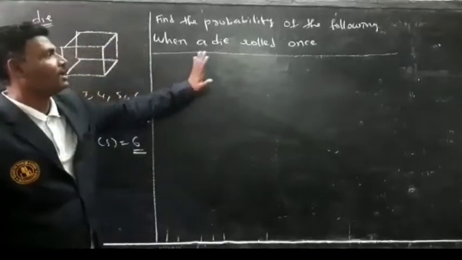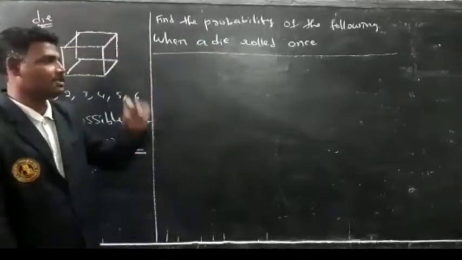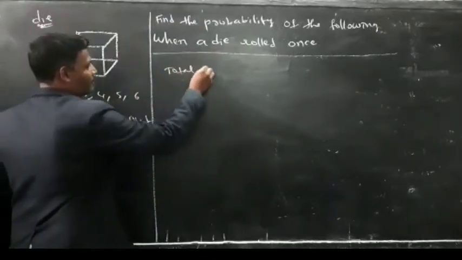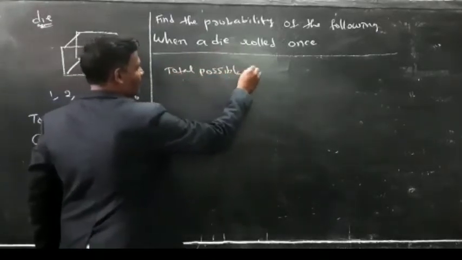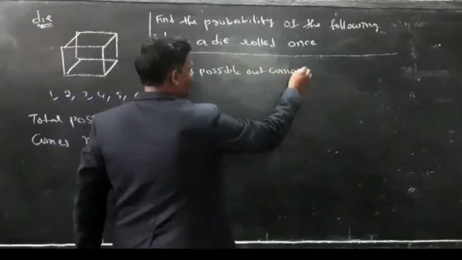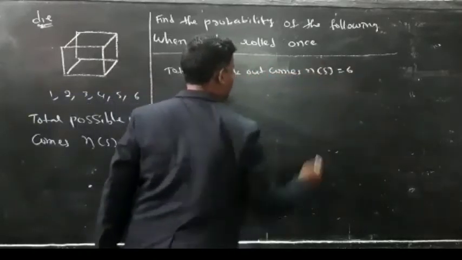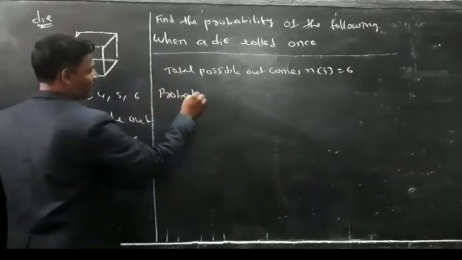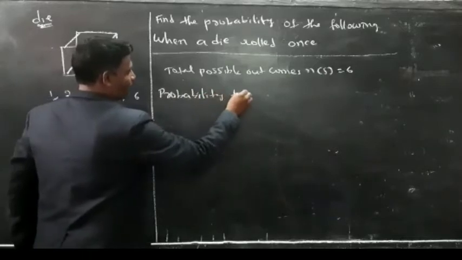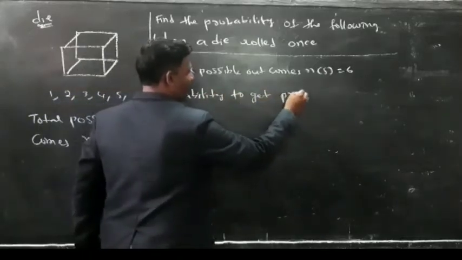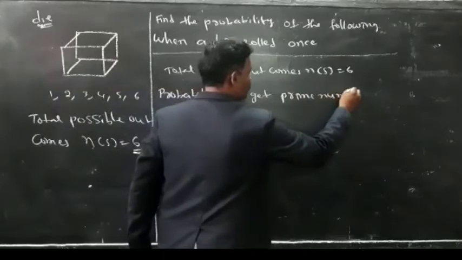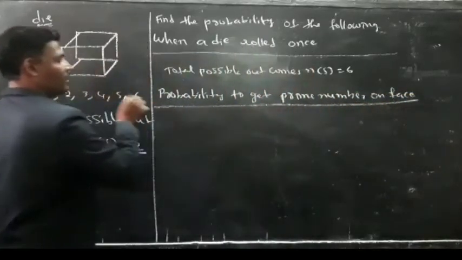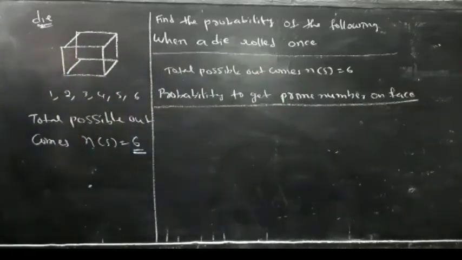Find the probability of the following when a die is rolled once. For example, here total possible outcomes n of S is equal to 6. First question: find the probability to get a prime number on the face.